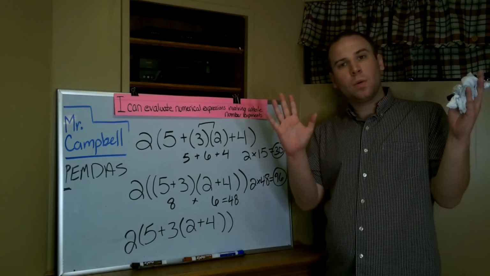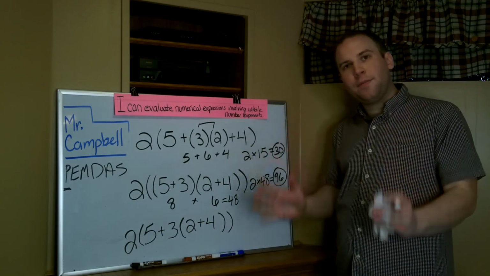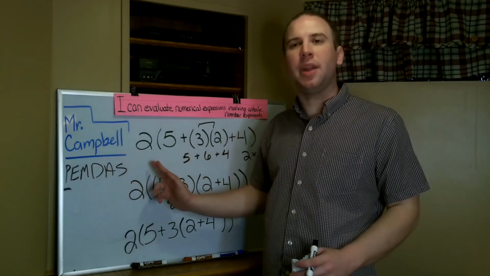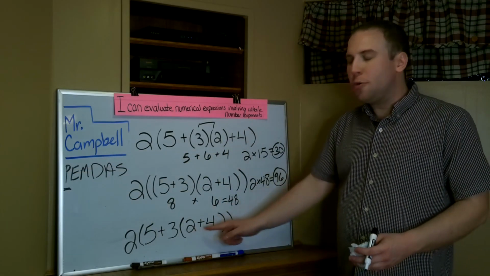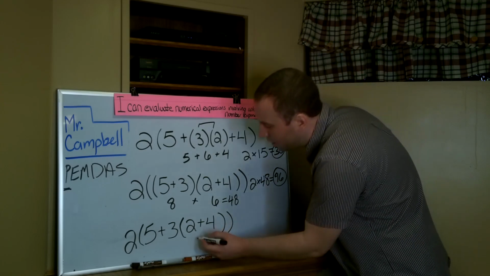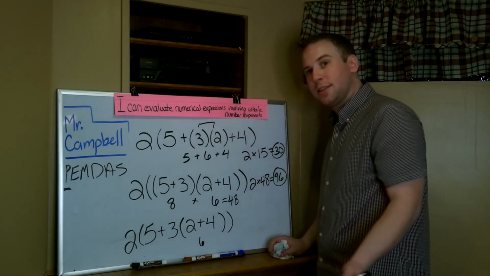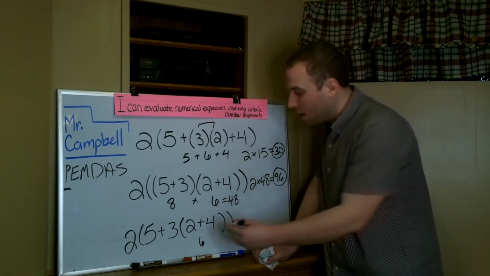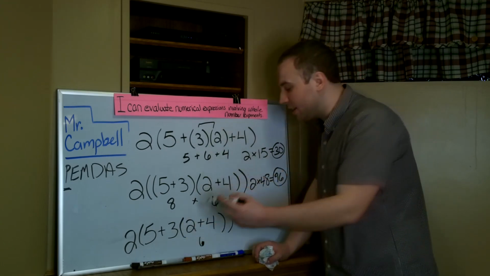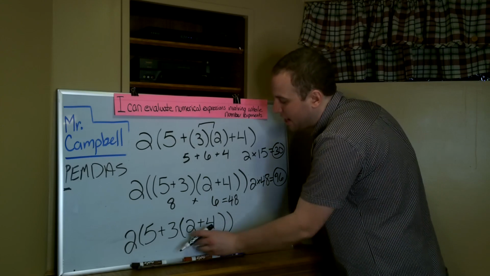Now, just like before, we have to follow PEMDAS and do the parentheses first. So, 2 plus 4 we have to do, which is 6. 6 times 3, because multiplication comes next, 6 times 3 will give me 18.